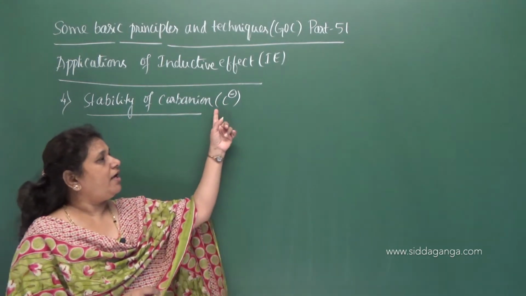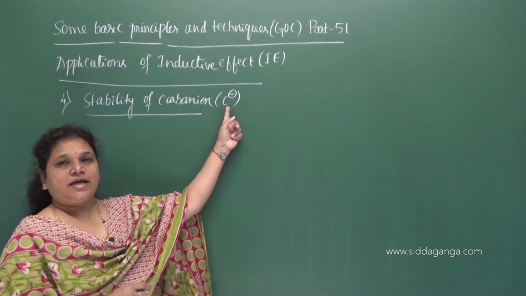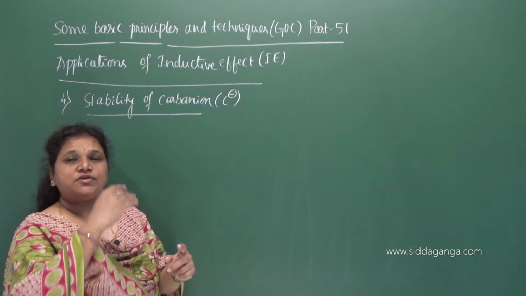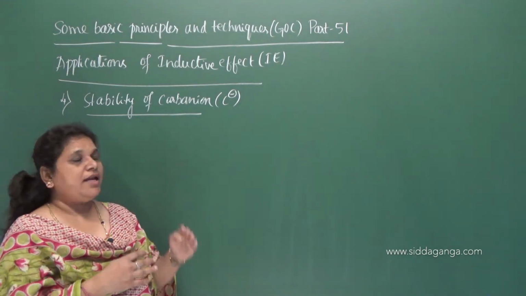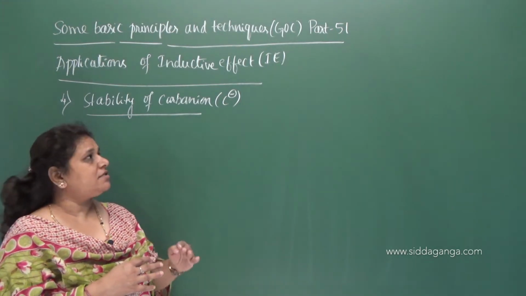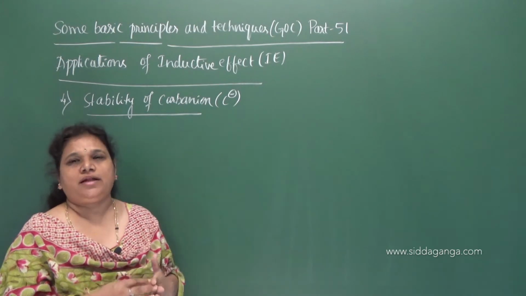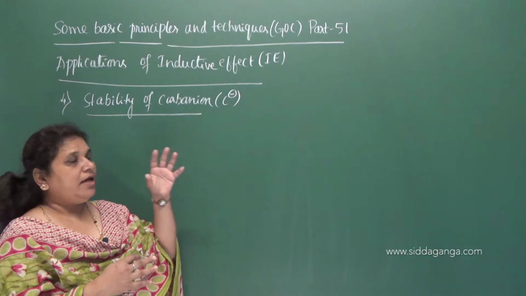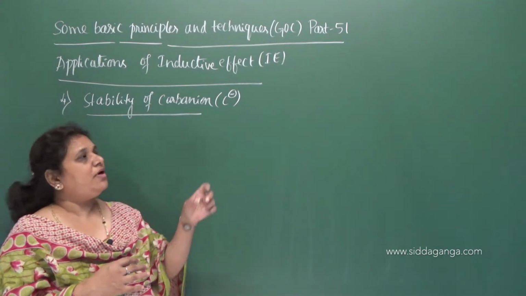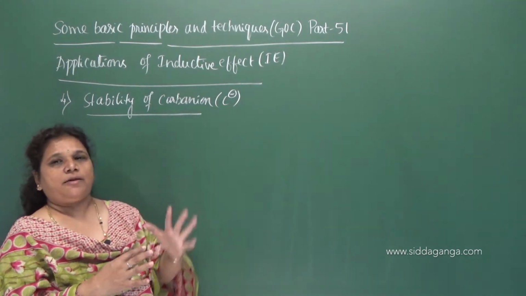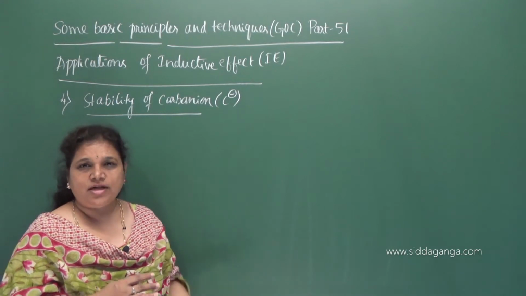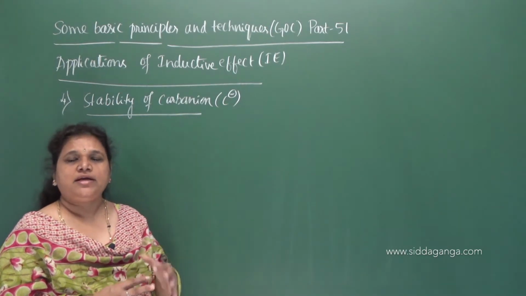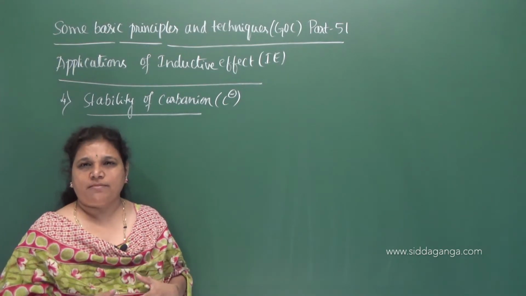Whereas if any electron releasing group is attached to the negatively charged carbon, the negative charge further increases, meaning the electron rich center on the carbon further increases, and then the stability decreases. So the electron withdrawing group stabilizes the carbanion, whereas the electron releasing group destabilizes the carbanion or decreases the stability of the carbanion.